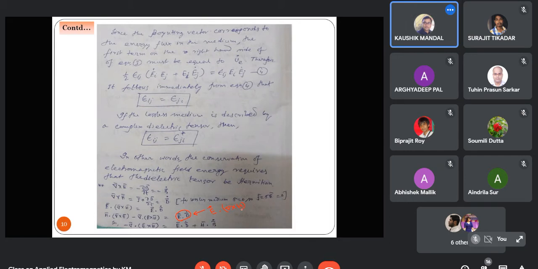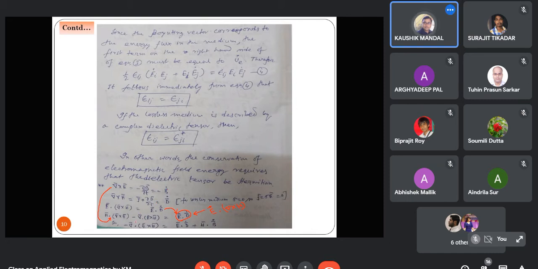So in place of E dot curl H, we put this particular value from the previous equation, E dot D dot. Now from this equation, curl E means B dot. So in place of H dot curl E, you can write H dot B dot.